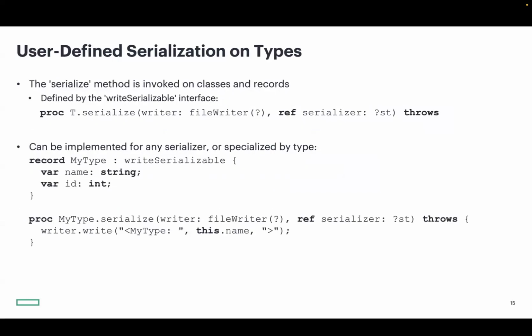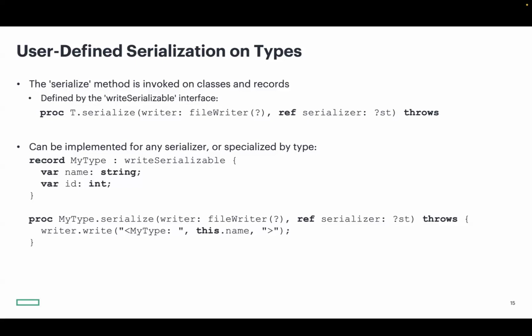So for user-defined serialization on a given type, the user wants to implement a serialize method that will be invoked on classes and records. And this is defined by the writeSerializable interface that Daniel alluded to earlier in his presentation. So this is a method called serialize.